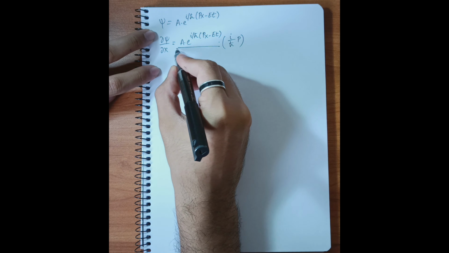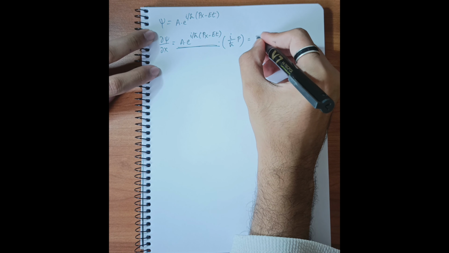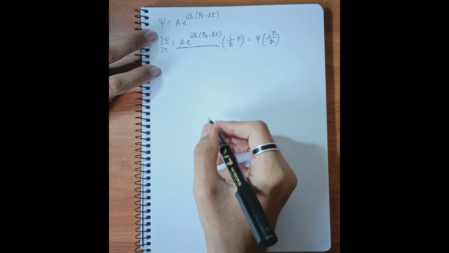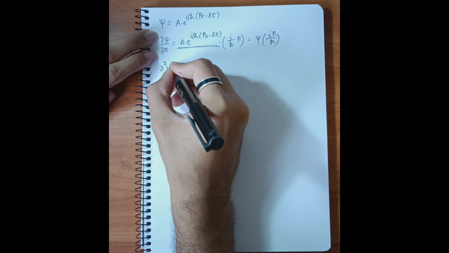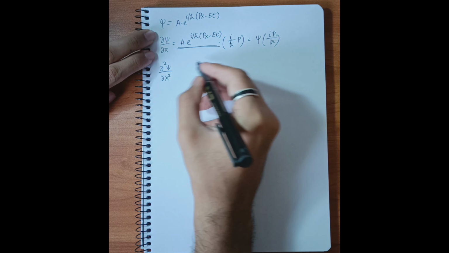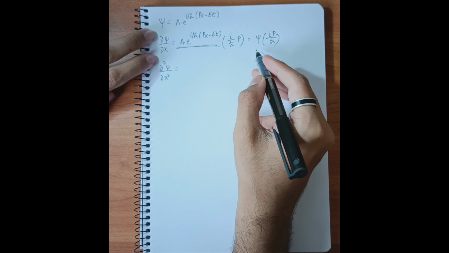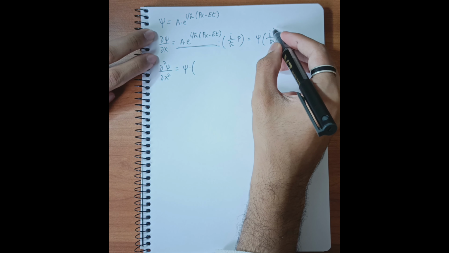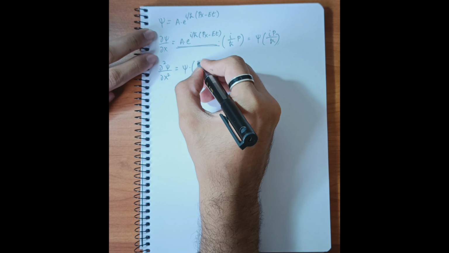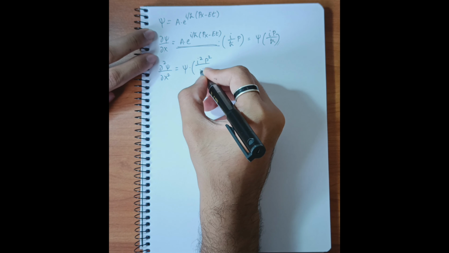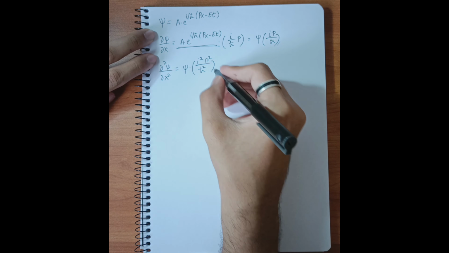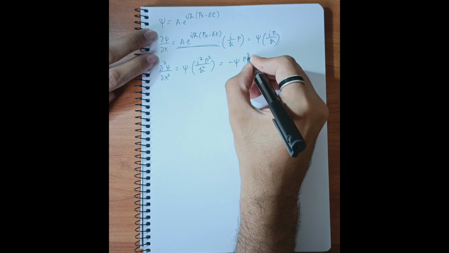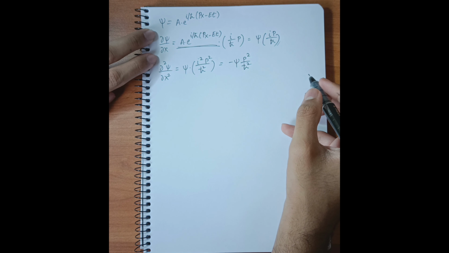Now this term is simply psi, so you can write this as psi times i p over h bar. Now let us perform a second partial derivative of this same equation, which gives us psi times, now this is a constant term which will be repeated again, so this gives us i squared p squared over h bar squared. i squared is minus 1, so we can write this as minus psi p squared over h bar squared.